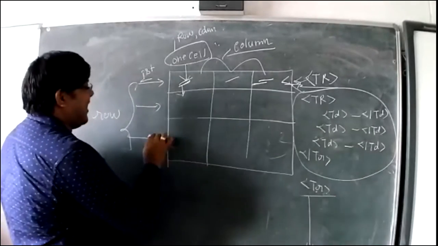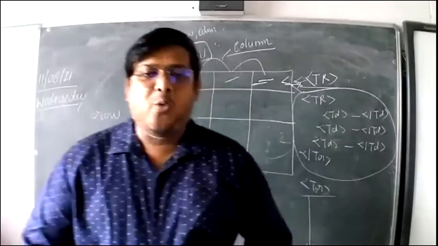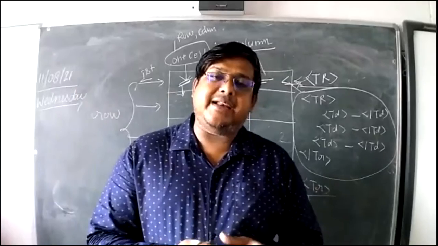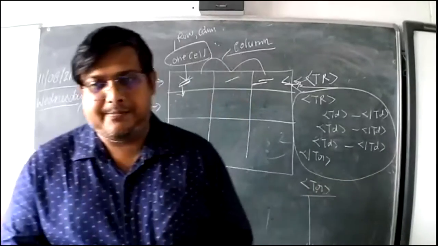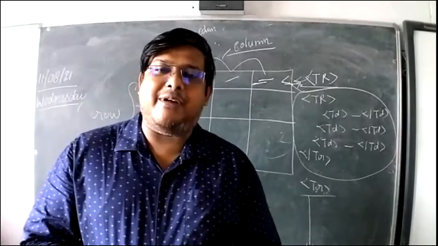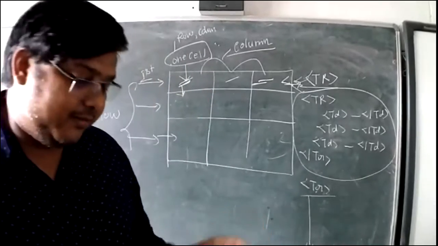That means in table programming we have to find out how many rows there are and in each row how many columns there are. If we identify this easily, then our programming for the table in HTML will be much easier.